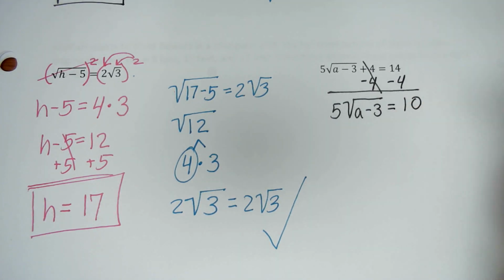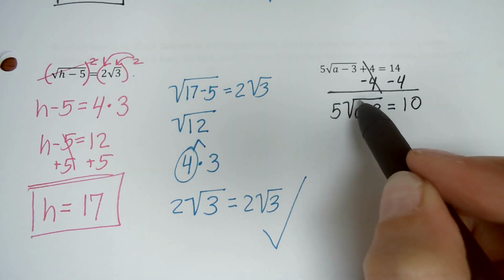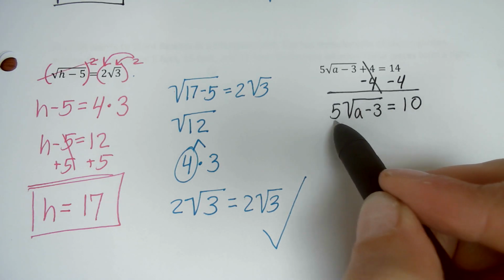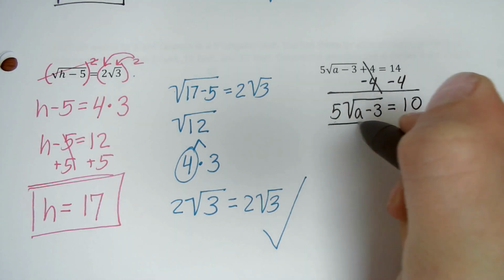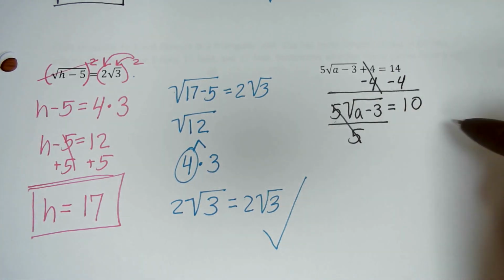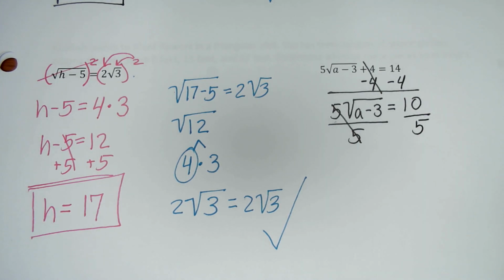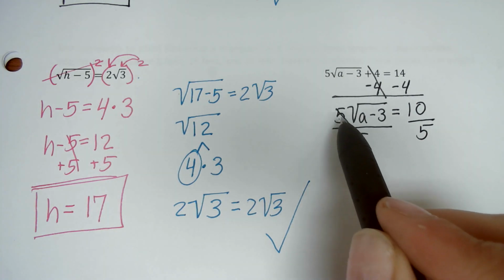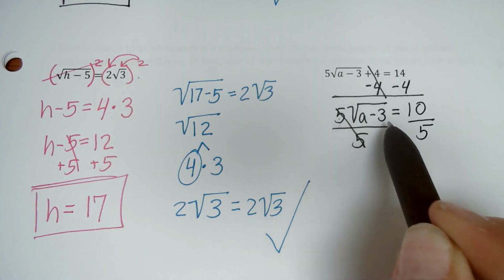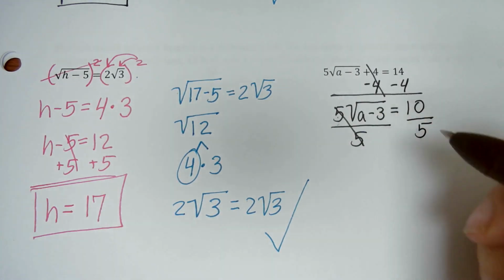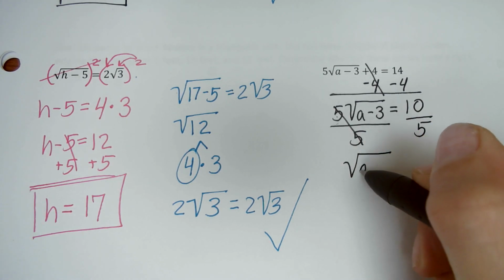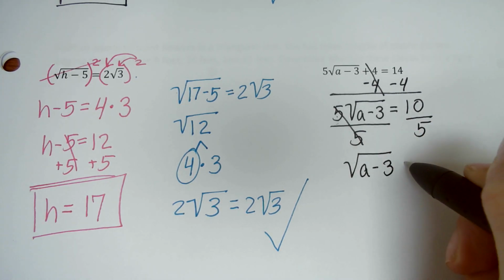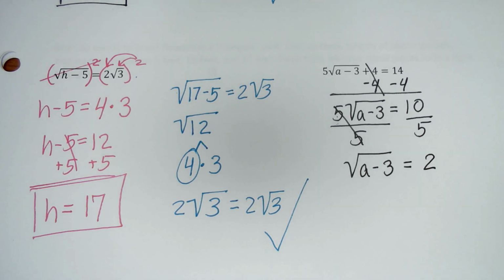Now, our radical is closer to being alone, but it has a coefficient still. So next step, get rid of the coefficient. And to do that, we divide, because 5 square root a minus 3 is the same as 5 times the square root of a minus 3. So dividing by 5 gets rid of that and leaves just the square root of a minus 3 equals 2.